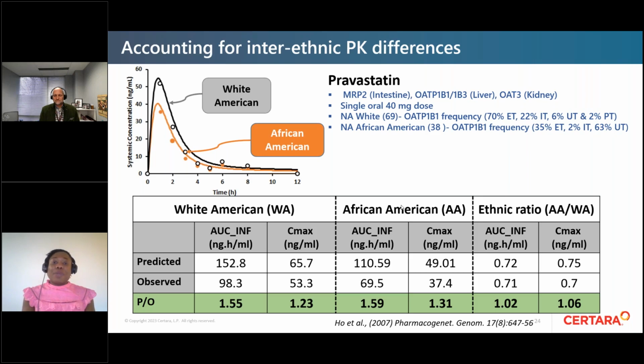Within the African American subpopulation, you have a greater frequency of ultra rapid transporters. Most of the population are either extensive transporters for OATP1B1 or ultra rapid transporters. That means the uptake of pravastatin into the liver in that subpopulation is much quicker than for the Caucasian population, thereby resulting in about a 30% decrease in the exposure compared to the white American population.